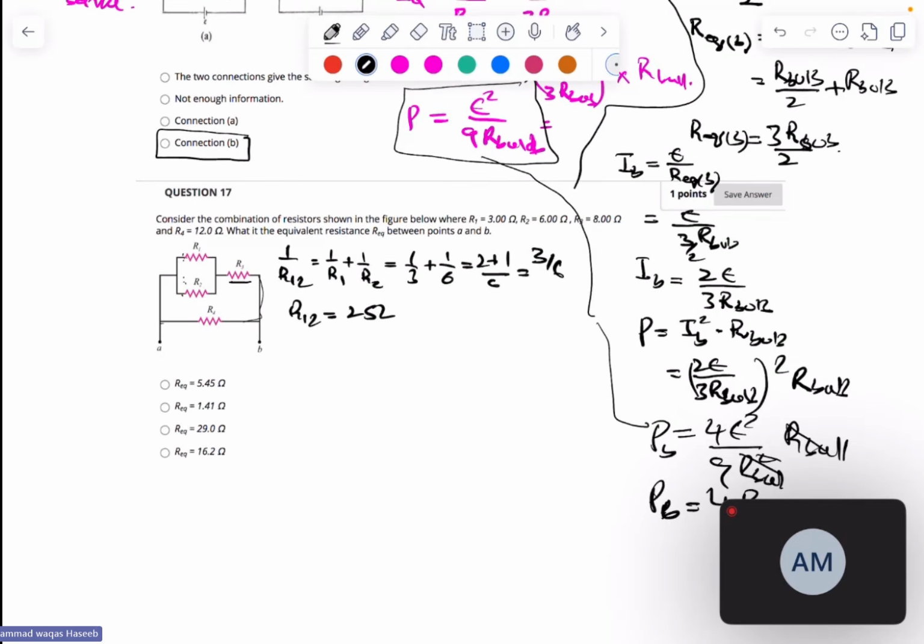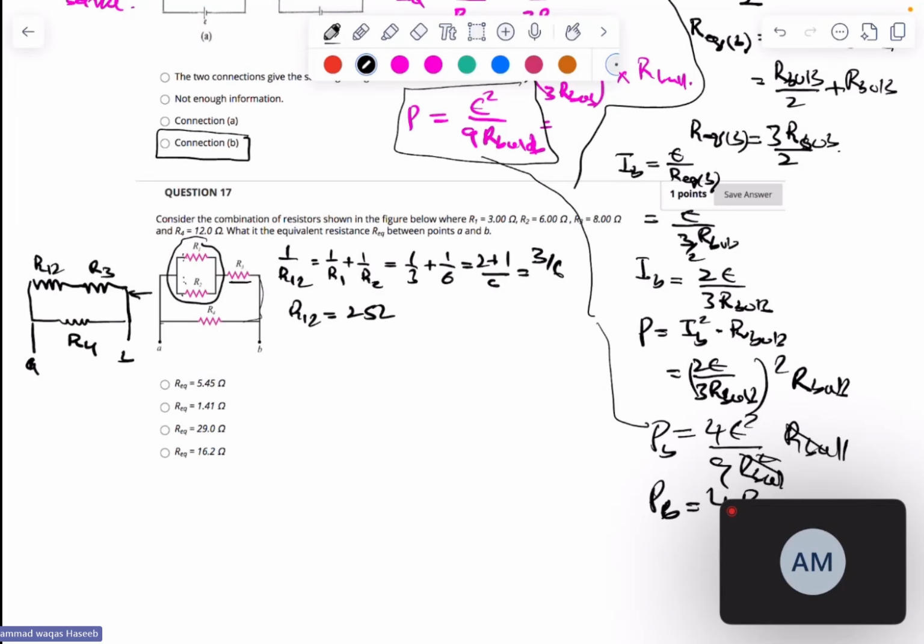Similarly, then your circuit will transform like this. So you added these two resistances, it will become 1. Then it is connected to this series. Then it is connected to this in parallel, with the battery across A and B. So this is R4. This will become R12 and this will become R3.